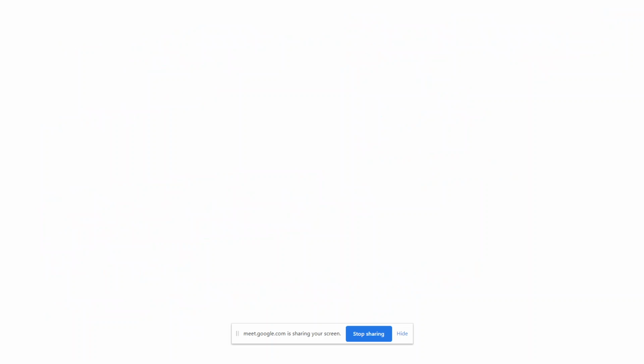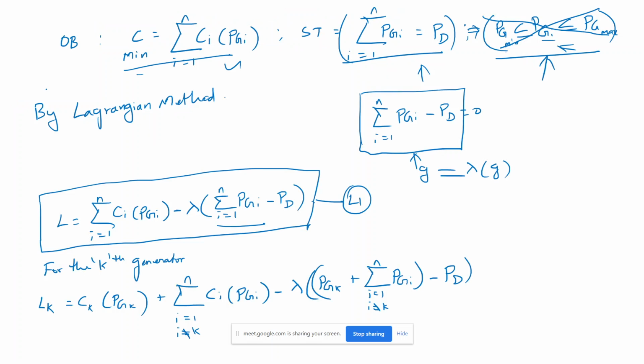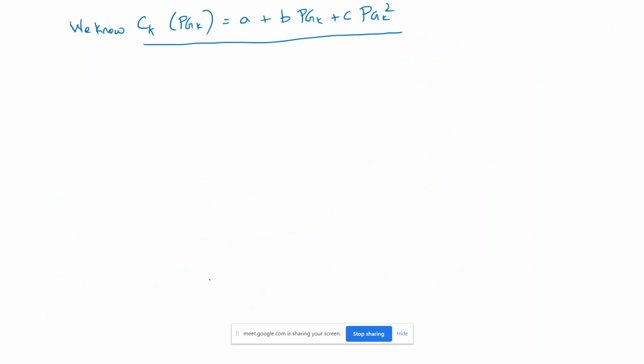And we know what the cost equation is. The cost equation for the kth generator is Ck Pgk equal to A plus B Pgk plus C Pgk whole square. In the above equation, wherever you get this value, I am going to replace it with this cost.